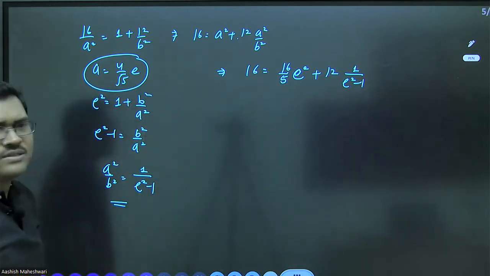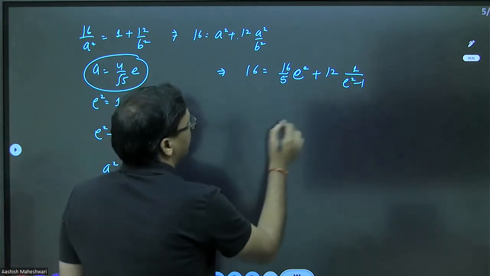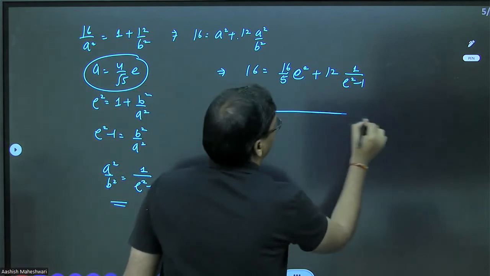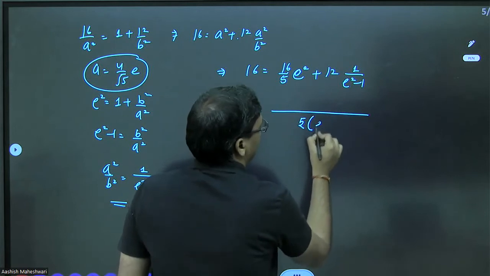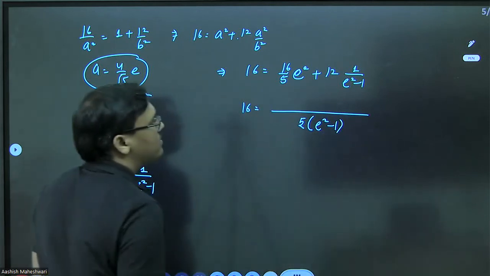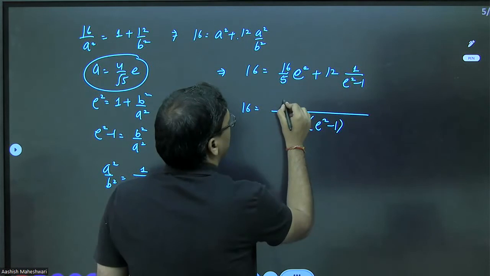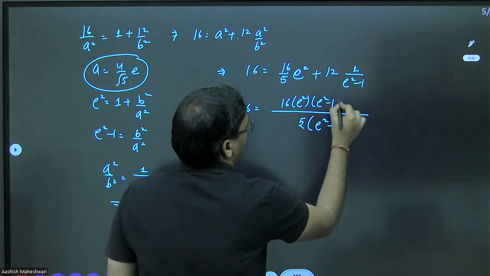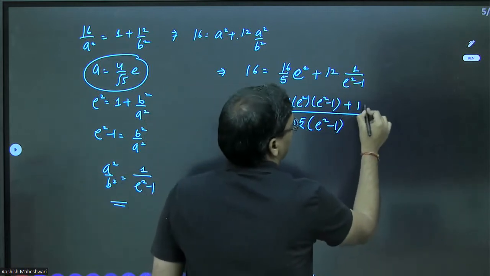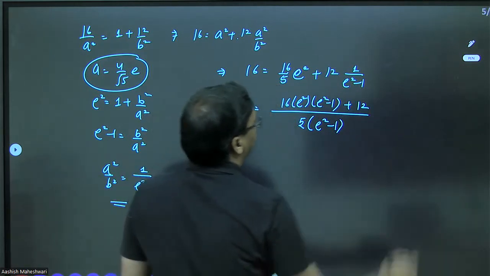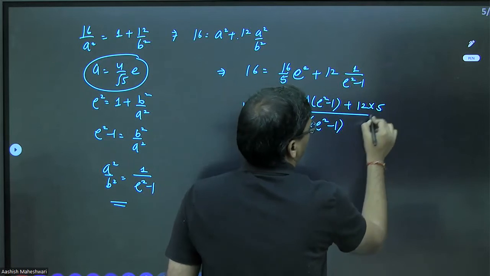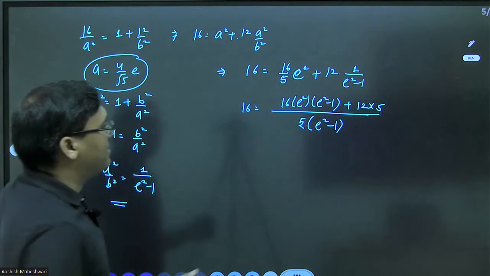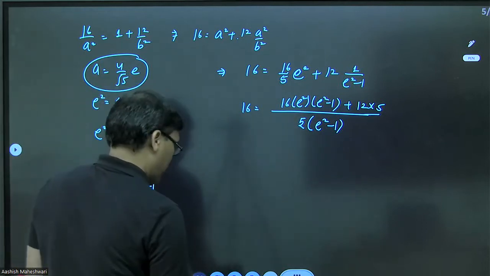So you can just check the calculation. It's very easy to solve. If I take LCM, this is 16, this is 5 e square minus 1. So this will become 16 e square into e square minus 1 plus 12 into 5. I hope this is clear. I think we can cancel this common factor of 4 also.